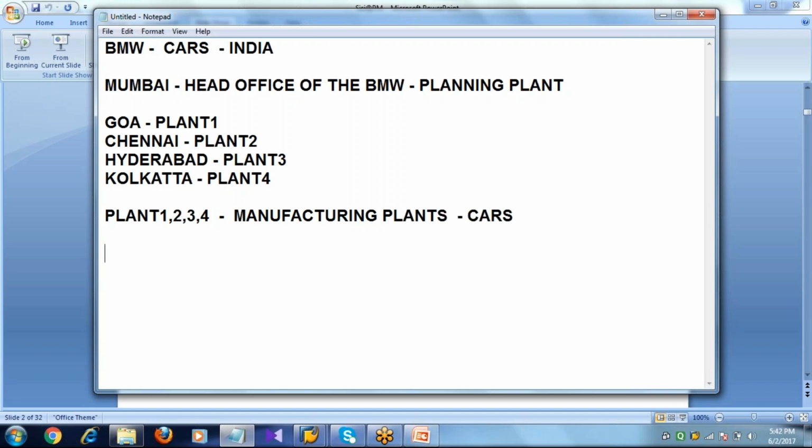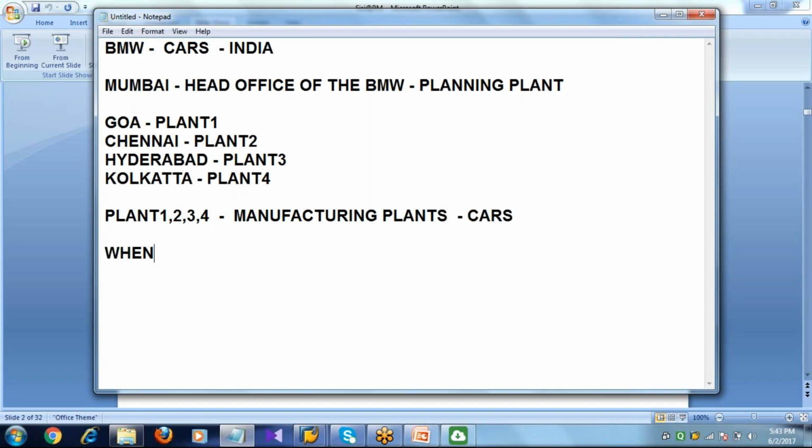Whenever there is a requirement of spare parts from any of these manufacturing plants, plant 1, plant 2, plant 3, or plant 4, they will approach the purchasing department available at the head office, the Mumbai head office, the planning plant.